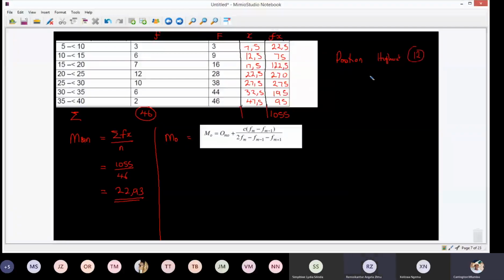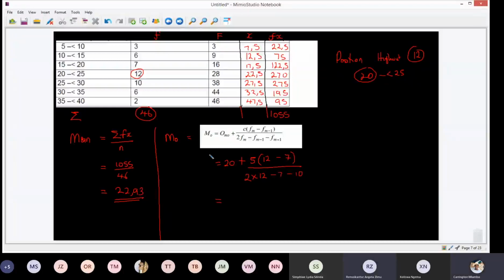So the lower limit is 20, correct? Then plus the width, which is 5, times the frequency 12 minus the previous frequency, which is 7, all over 2 times 12 minus 7 minus 10. Simple as that.